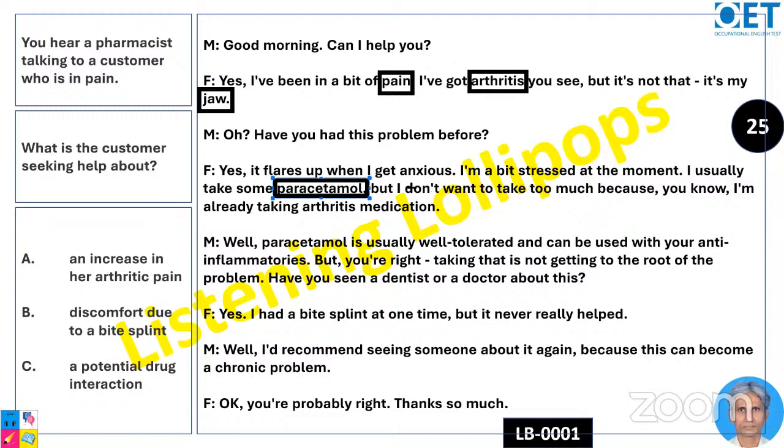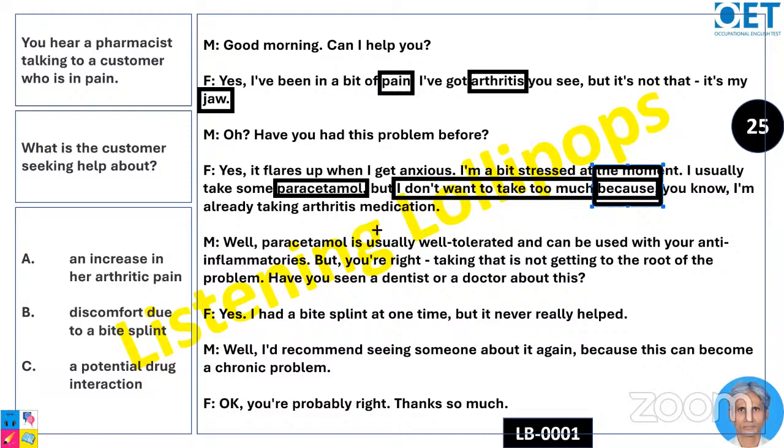Why? Because, you know, I'm already taking arthritis medication.